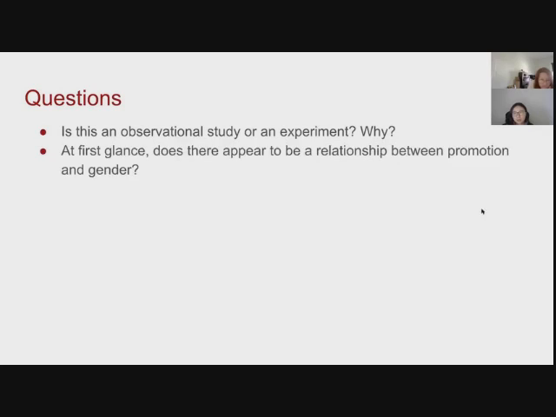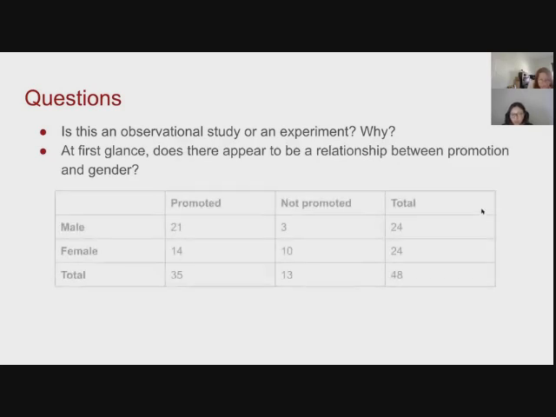But before we move on, quickly, is this an observational study or an experiment? And can you give reasons why you choose which one? And for the second part, I'm going to show the table now. At first glance, this is the table of the breakdown. We have 24 male applicants and 24 female applicants, so the total is 48.